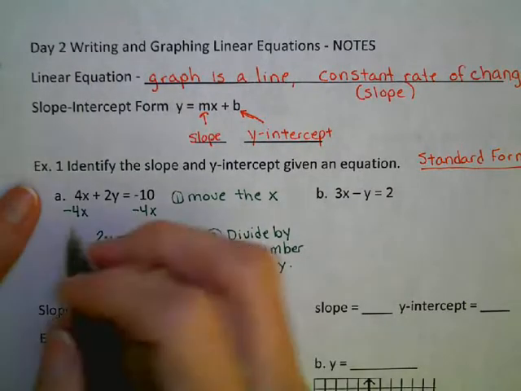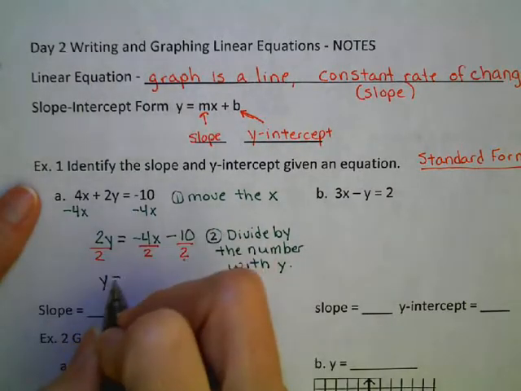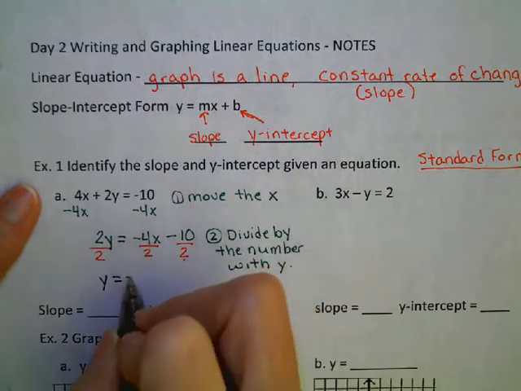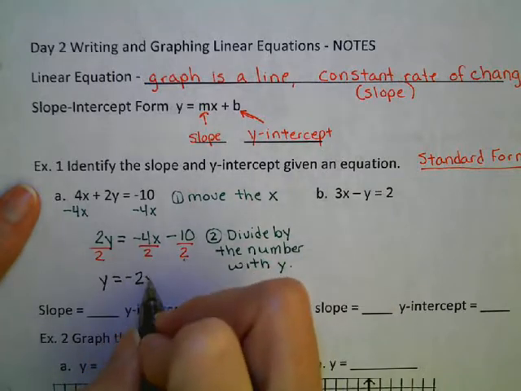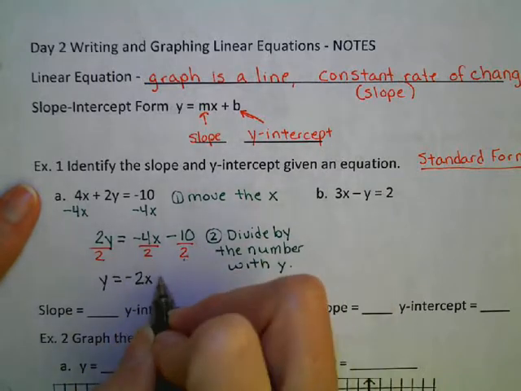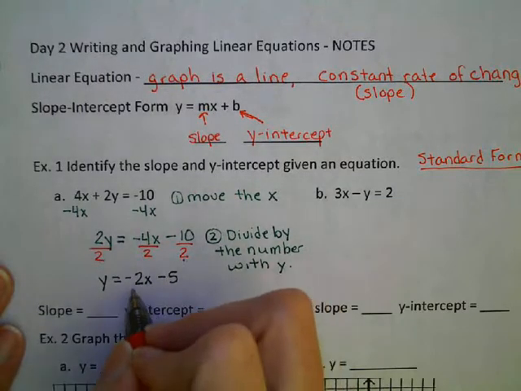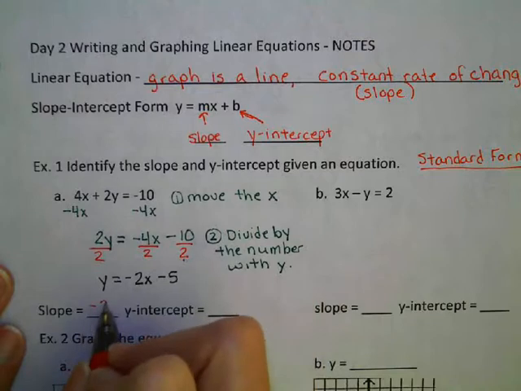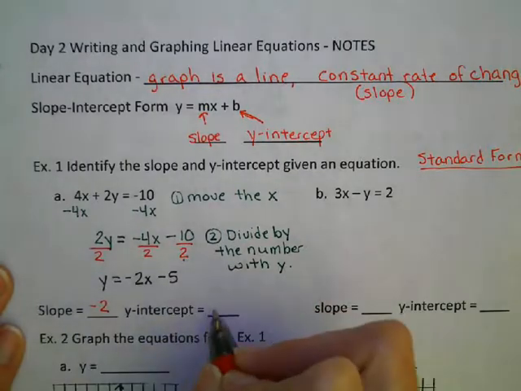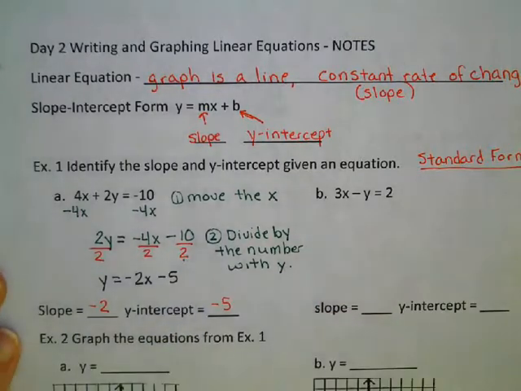Okay, and what we have left is y equals negative 4 divided by 2 is negative 2x. Negative 10 divided by 2 is negative 5. Out of those, the slope is the number with the x, so I'll say negative 2 is the slope. The y-intercept would be negative 5.